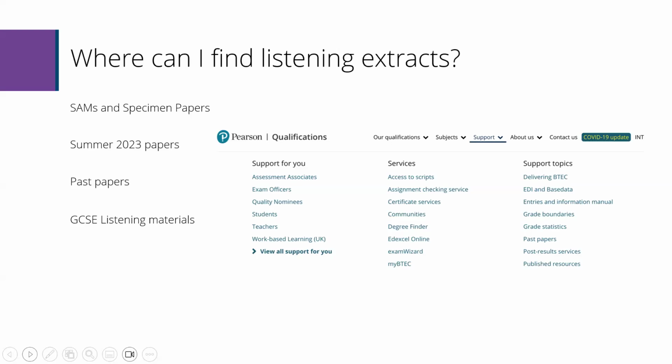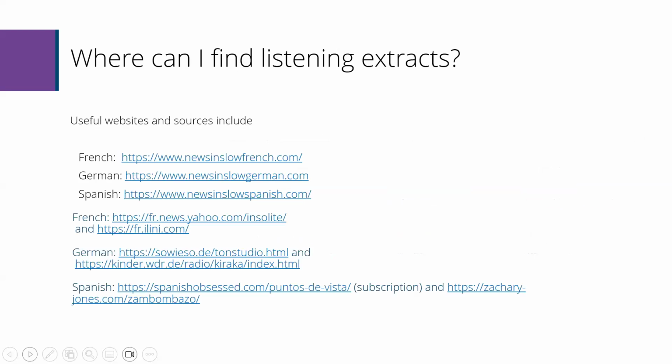Keep in mind that Pearson also produces GCSEs for the national, the English and English exams, and so sometimes there are materials there that you could use and reuse. So do make sure that you go to the website and that you're familiar with finding those listening extracts that are available.